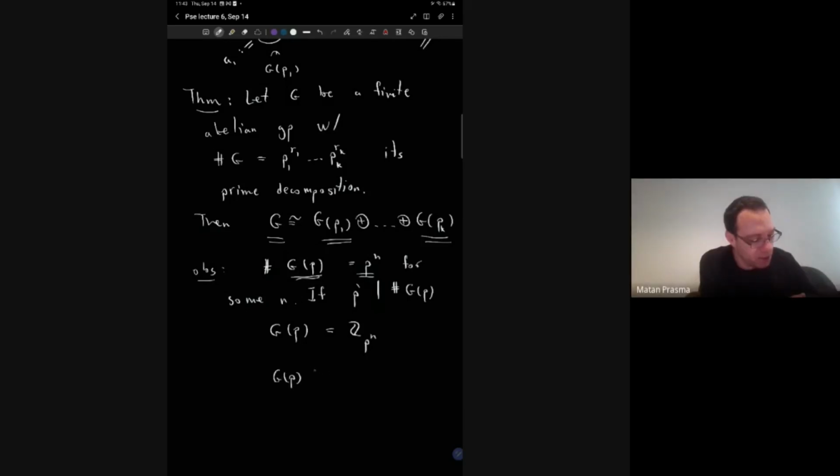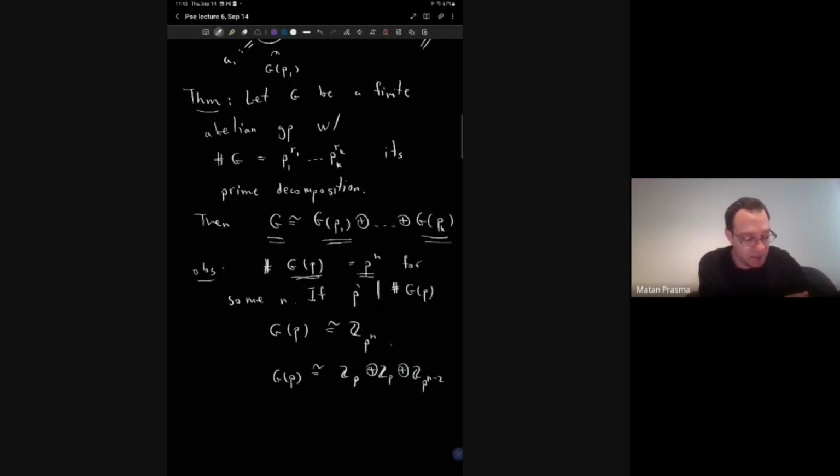You could have the integers modulo p, times the integers modulo p, times the integers modulo p to the n minus 2. Here we use the direct sum.